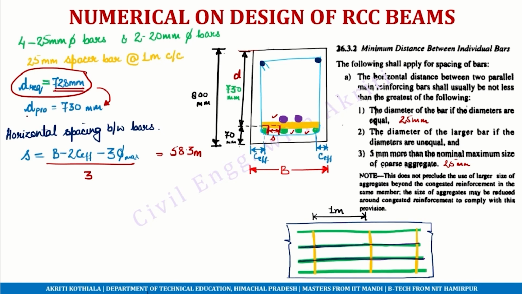So, we are providing an effective depth of 730 mm up to the center of the spacer bar. Because the effective depth up till the center of the spacer bar is 730 mm and the overall depth is 800 mm, the effective cover will be equal to 70 mm in this direction.